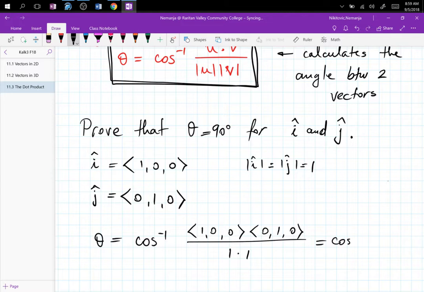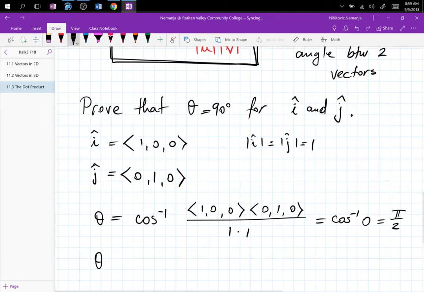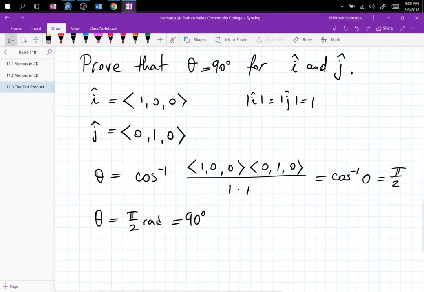So we have a cosine inverse of 0, which is pi over 2 radians. So theta equals pi over 2 radians, which is 90 degrees. So this is a proof.